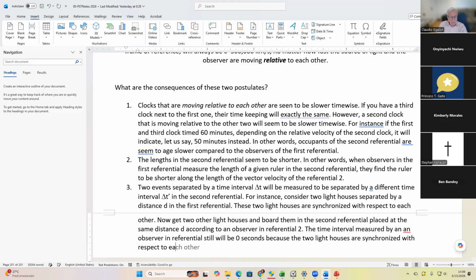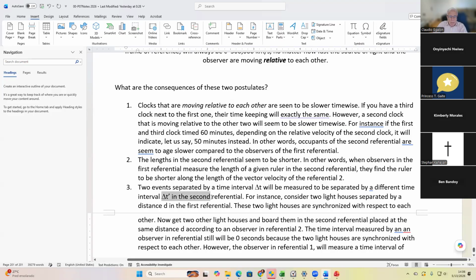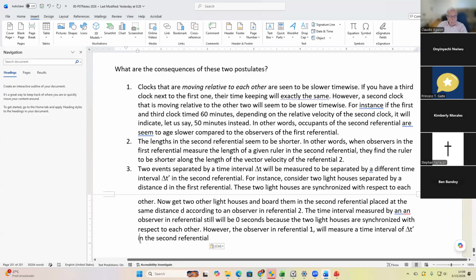However, the observer in referential 1 will measure a time interval of delta t prime instead. Okay, another important consequence.